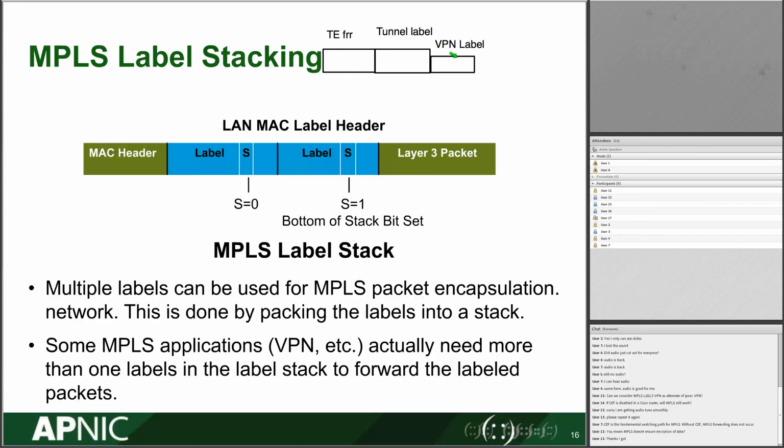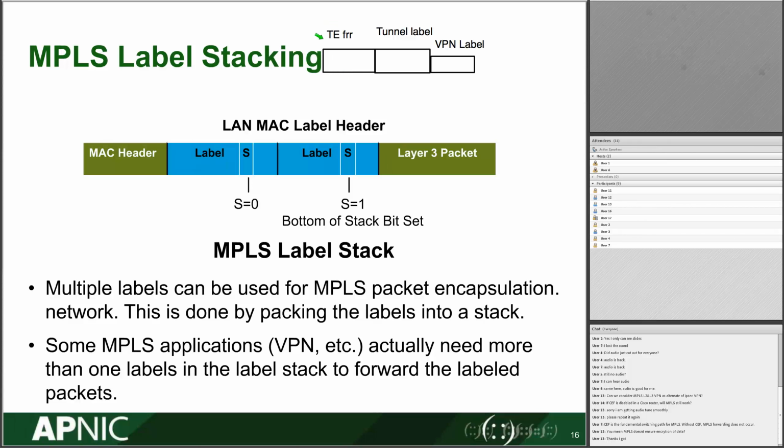So maybe multiple layers of labels will be used in that case. This is one advantage of MPLS: we can put multiple layers of labels to represent information. But the router will read from the outer label, from the outside to the inside, check this one and do some operation. Always check the outside one, do some operation.